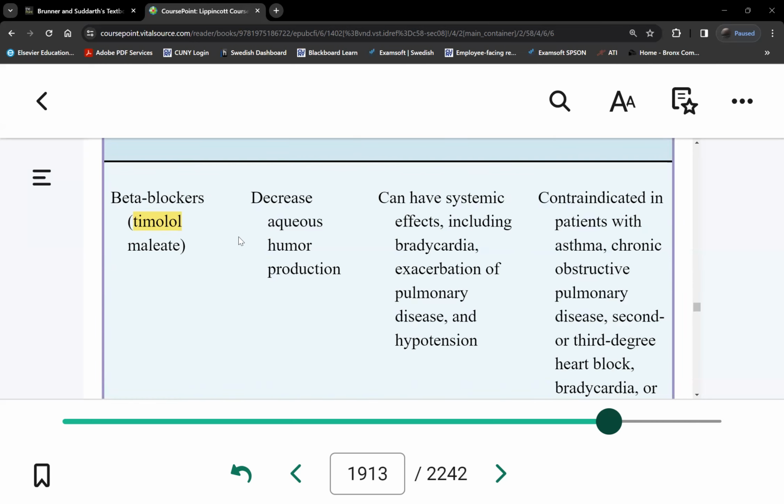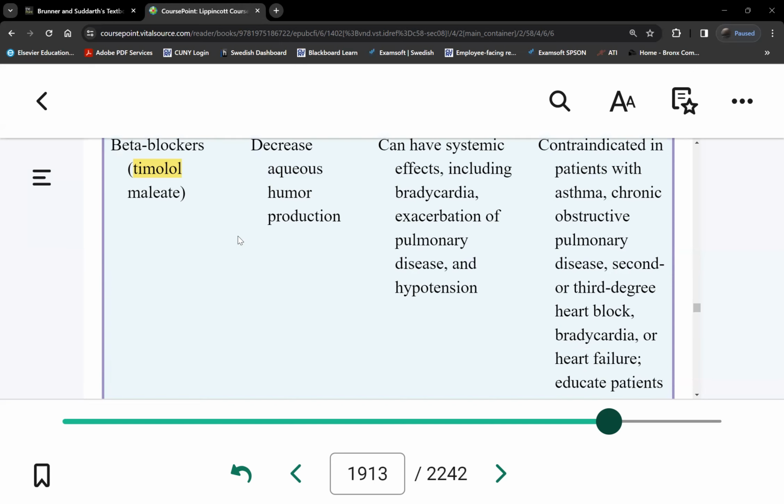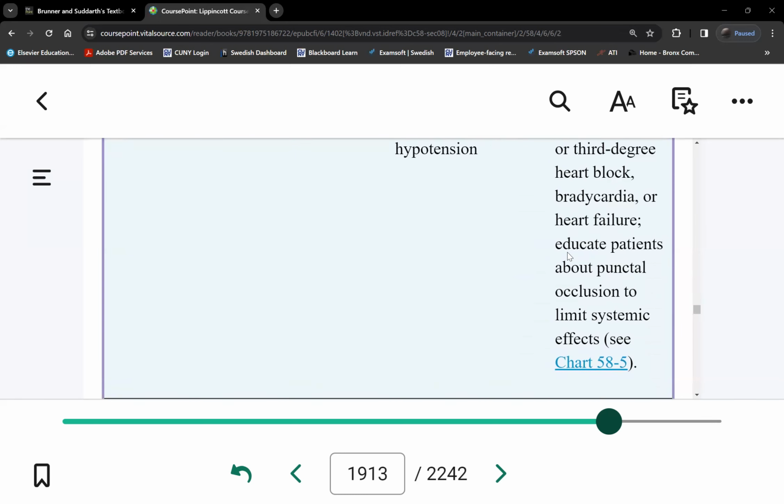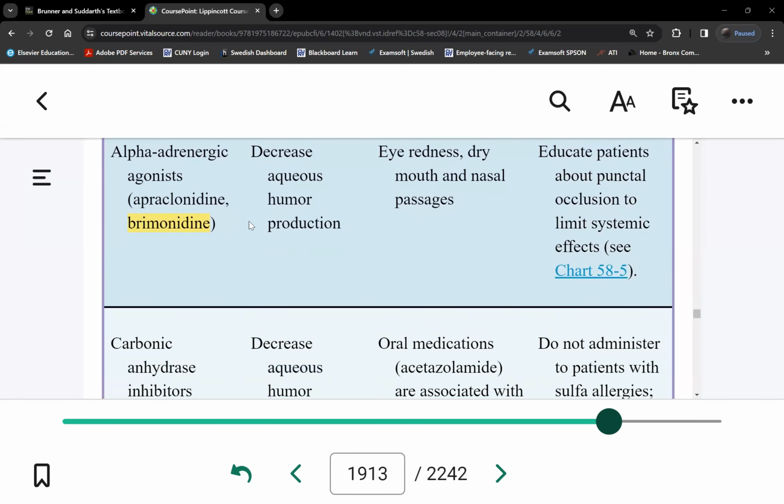It's intended to work only in the eye circulation, but of course, it will end up in the general circulation. However, the dose is small, so you don't really expect a drastic drop in systemic blood pressure. But just keep in mind that there is systemic absorption. So just like any other beta blocker, what will it do to your blood pressure and heart rate? It will decrease. Next, brimonidine.